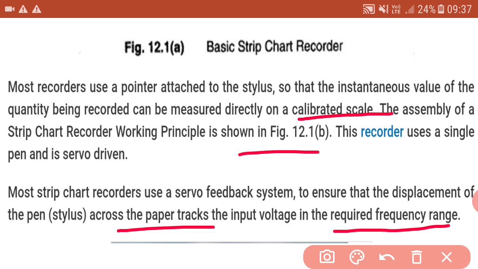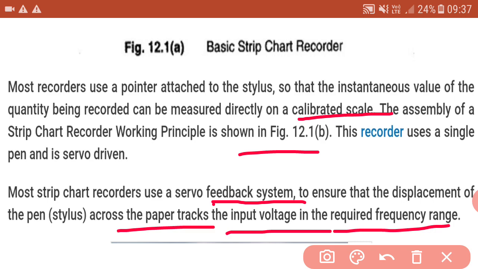See, there must be a feedback system because we have to move the paper according to the stylus. So a servo feedback system must be there to ensure the displacement of the pen across the paper tracks the input voltage in the required frequency range.